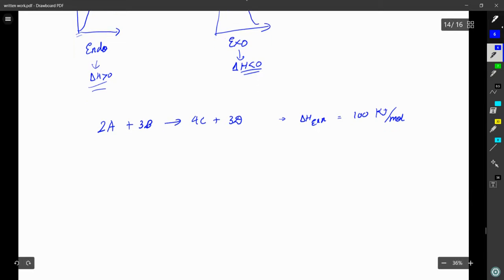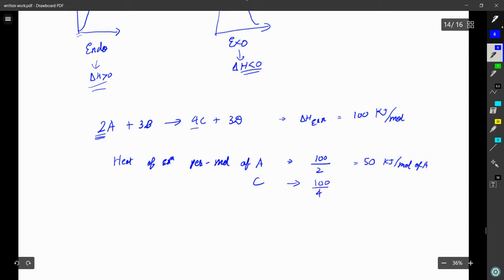Let's say I want to find heat of reaction per mole of A. Then you'll do 100 by the coefficient of A, which is 2, and get 50 kilojoule per mole of A. Let's do it with C: 100 by 4, the coefficient of C, which will give me 25 kilojoule per mole of C. That is just about the convention used. You need to keep this in mind.